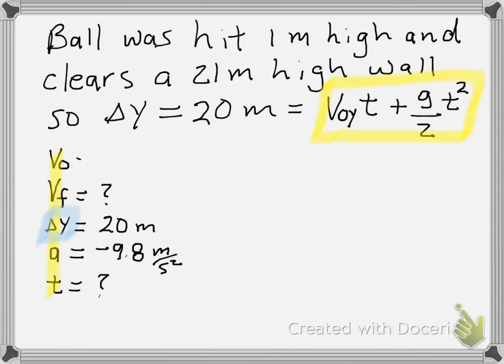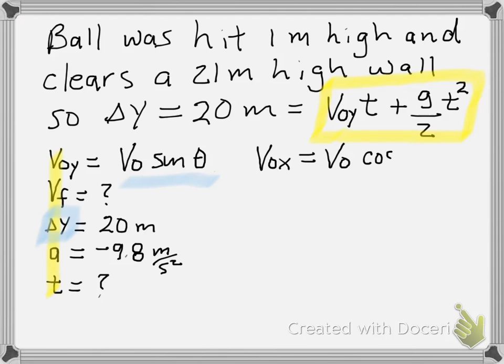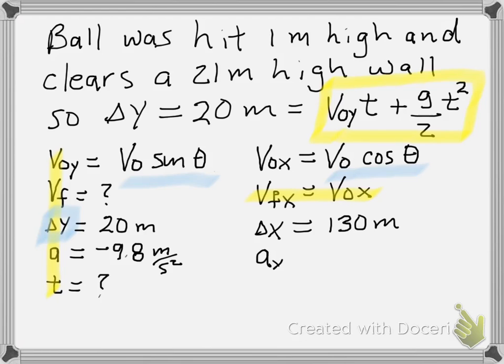Filling out this information rather dramatically, I would say. We want in the Y direction V naught sine of theta, and in the X direction it's V naught cosine of theta. The final in the X direction is the same, we know that, which means our acceleration in the X direction is 0. Time we still don't know in either case.